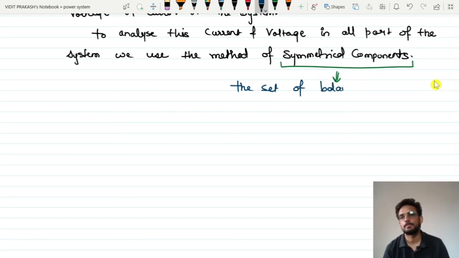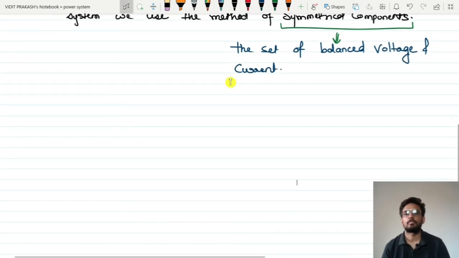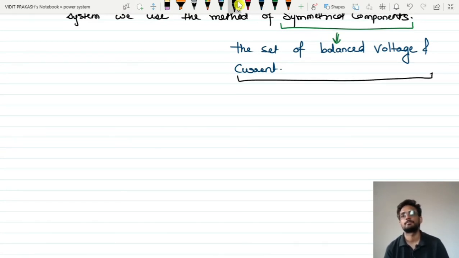It is the set of balanced voltage and current. These are the positive sequence, negative sequence and zero sequence components.